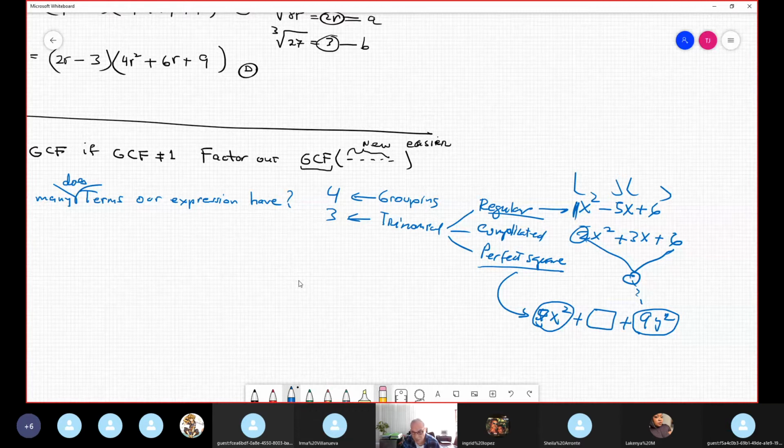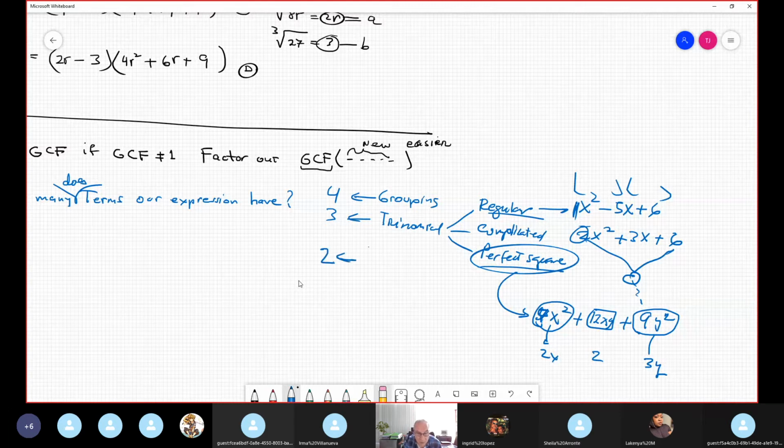So this is the first clue. And after verification, suppose the square root of 4x squared is 2x, the square root of 9y squared is 3y, and the multiplication, and an extra 2, then it is 12. The number in the middle is 12xy. Oh, it's perfect square. And the easy way for doing this is this.